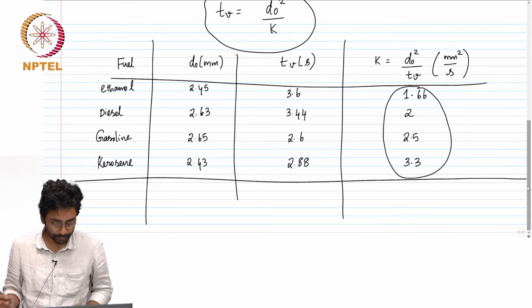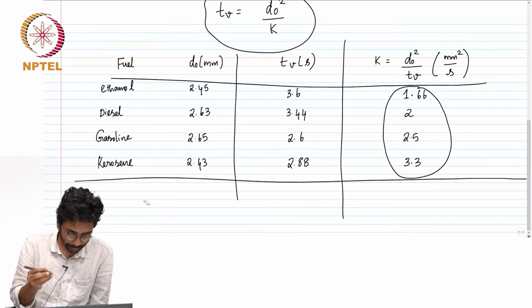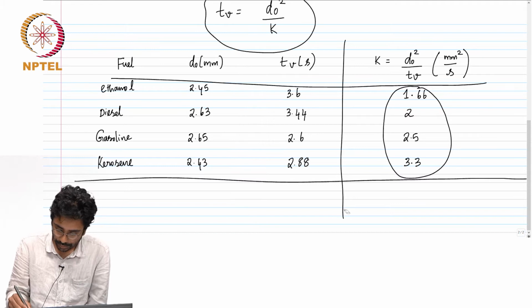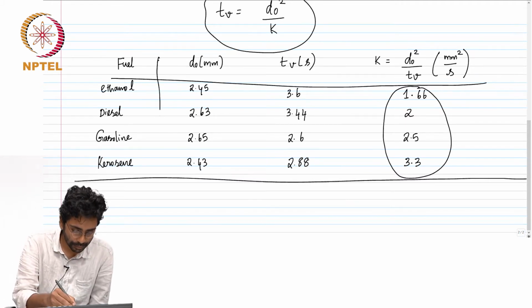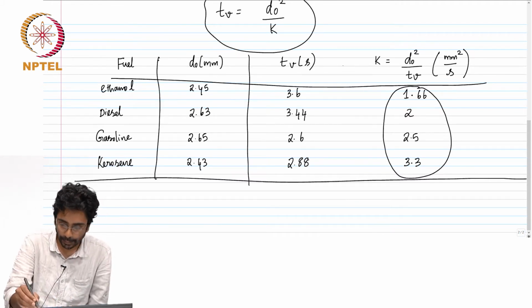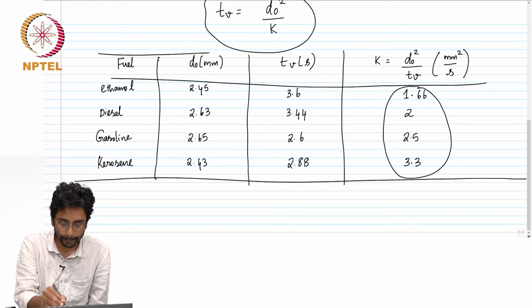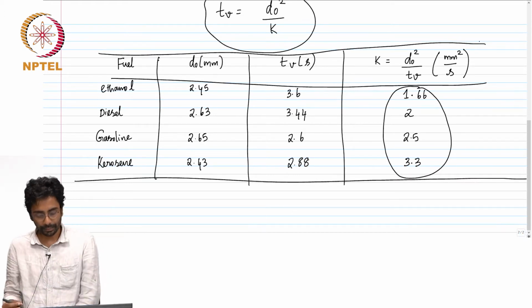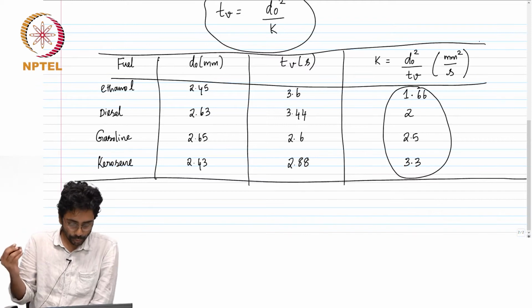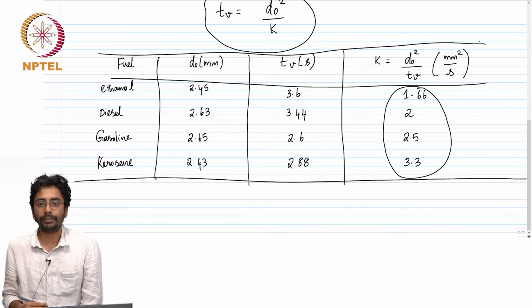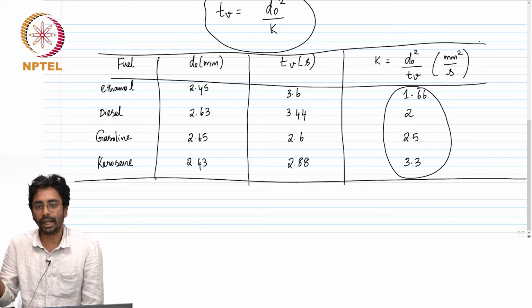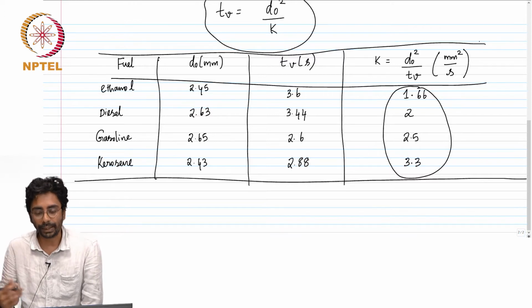Now we will use this information and maybe erase. Now let us go back to what kind of residence times are available, and from the evaporation constant we can calculate what droplet sizes are allowed.